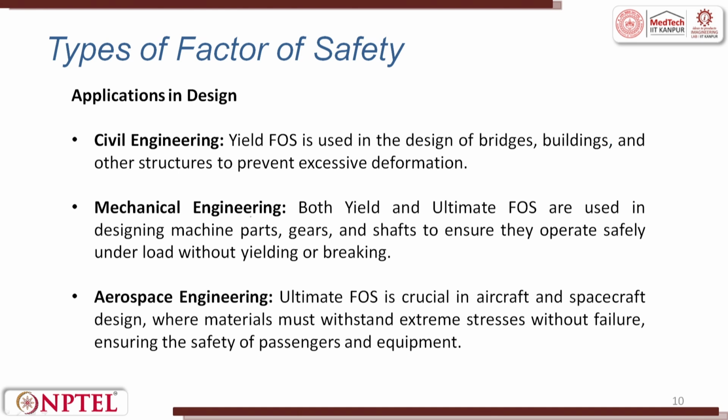In mechanical engineering, both yield and ultimate FOS are used in designing machine parts, gears, shafts to ensure they operate safely under loads without yielding or breaking. In aerospace, we always try to use ultimate FOS. It is crucial in aircraft and airspace, where material must withstand extreme stresses without failure, which ensures passenger safety and equipment.